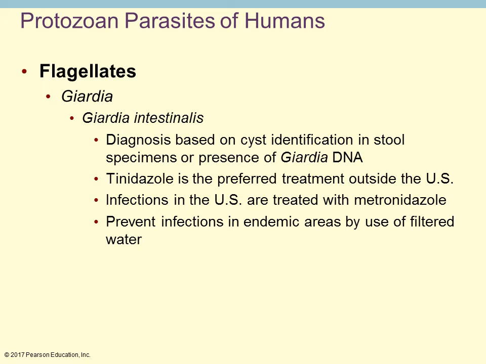So a lot of your seasoned hikers or backpackers have learned to carry either chlorine tablets to try to purify the water or filter. Use a filter apparatus so that you're drinking filtered water. It filters the Giardia out. It will filter those cysts out so that you will not contract the disease.